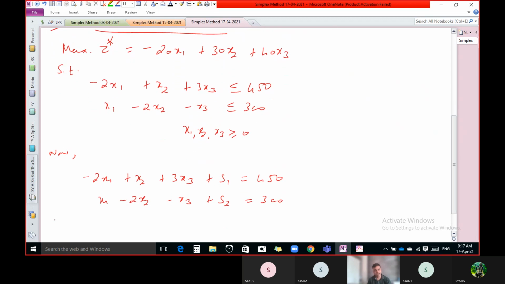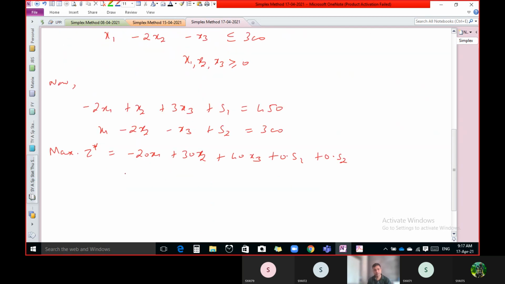So once again let us rewrite: maximize z star equal to minus 20x1 plus 30x2 plus 40x3 plus 0 into s1 plus 0 into s2, and all these variables x1, x2, x3 as well as s1 and s2 should be greater than or equal to 0.